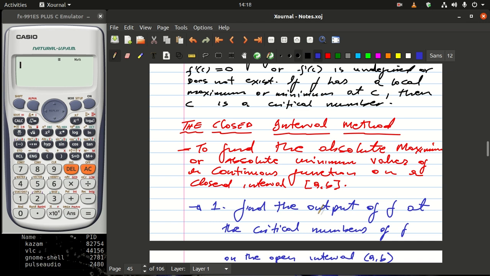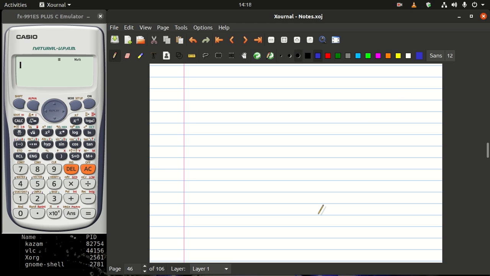Sometimes it does not exist, so don't always expect it's going to exist. And then secondly, the smallest of them all is going to be the absolute min. So that is actually what is important in this.